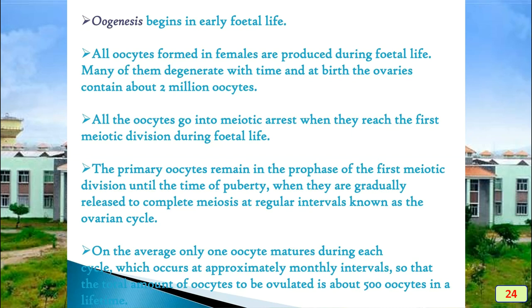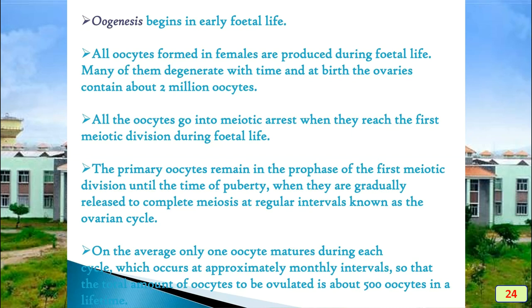The primary oocytes remain in the prophase of the first meiotic division until puberty, when they are gradually released to complete meiosis at regular intervals known as the ovarian cycle.